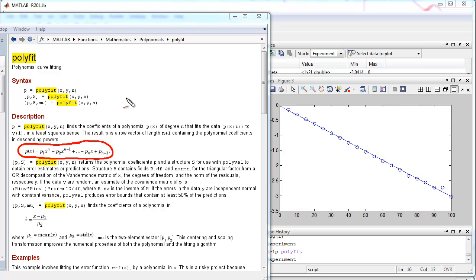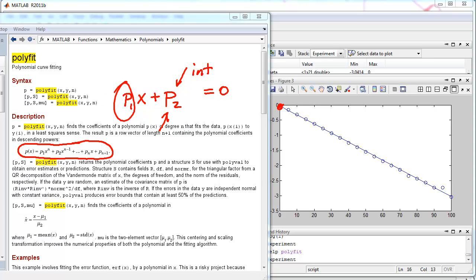So this means your value of P1 would be associated with x, and this would be the nth power, so that would be to the first power, plus P n plus 1, which would be 2. The second number is going to be the intercept, which should actually be 0, because you can see it's pretty close to 0. This is the number that is the slope. So the first number is the slope.